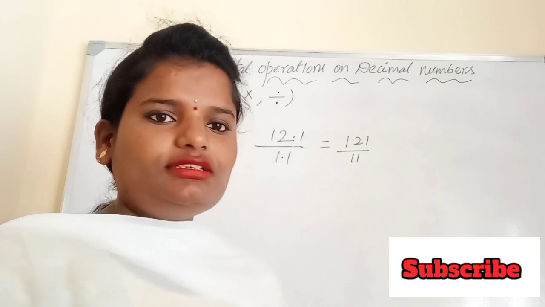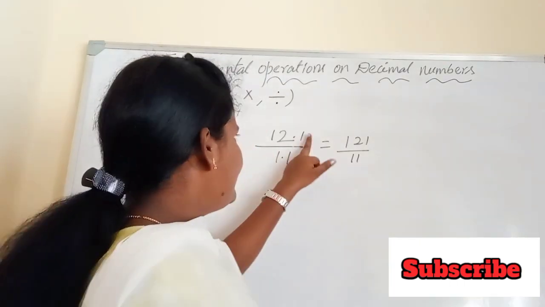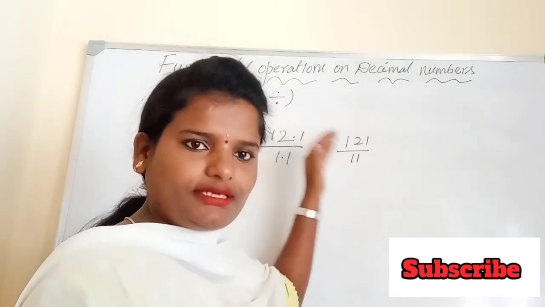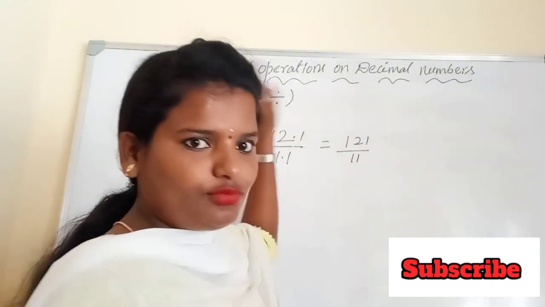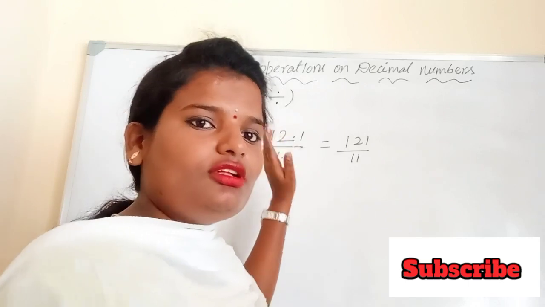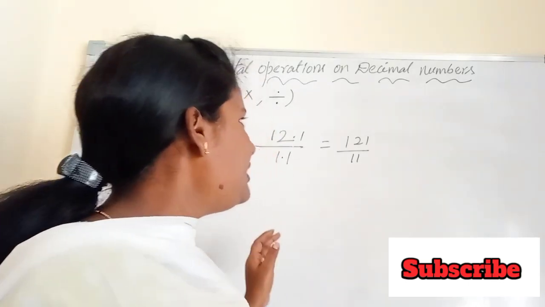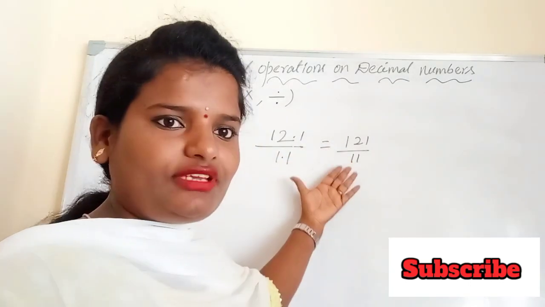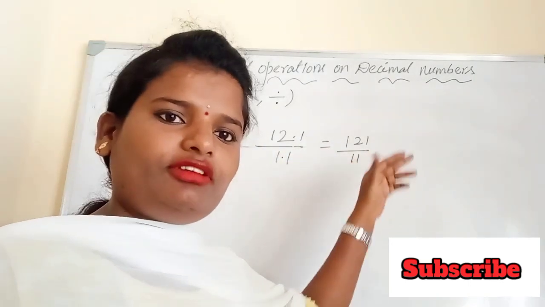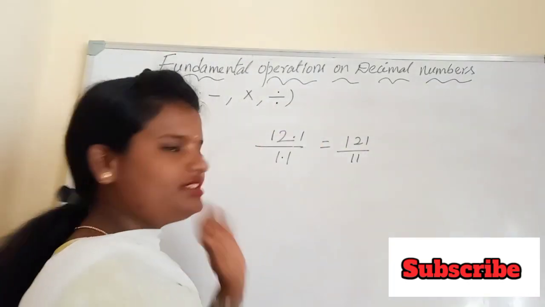Why? Because after the point the number of digits are the same in both numerator and denominator. In this case we can ignore the points, take them like normal integers, and do the division. Whatever answer you get, that answer is the same for this also.